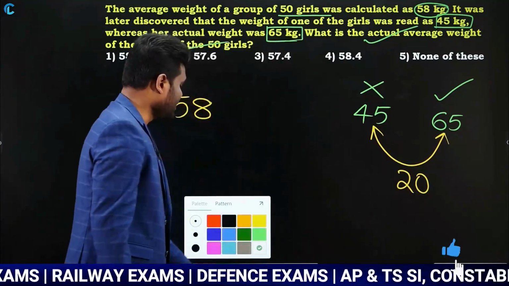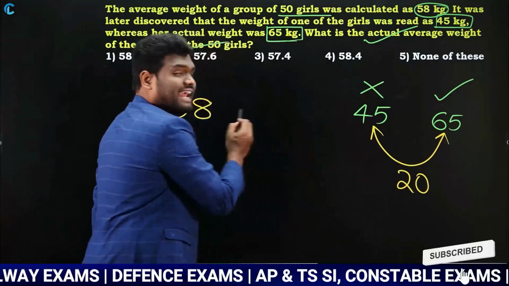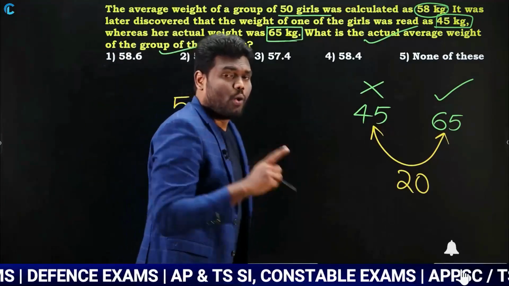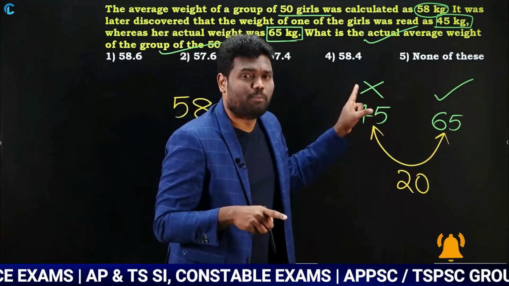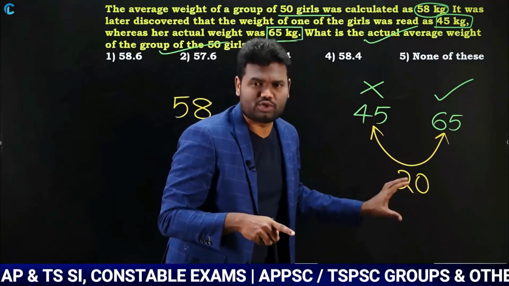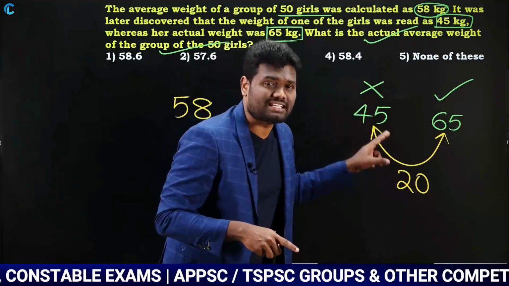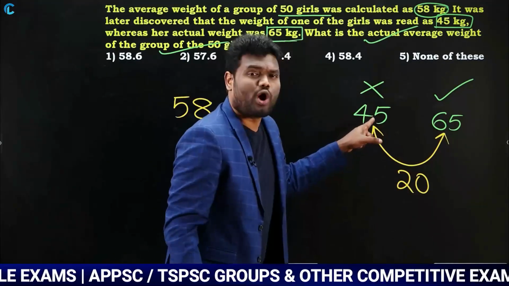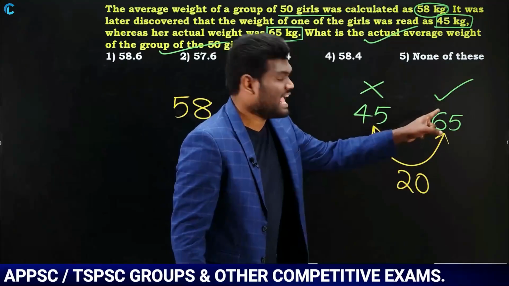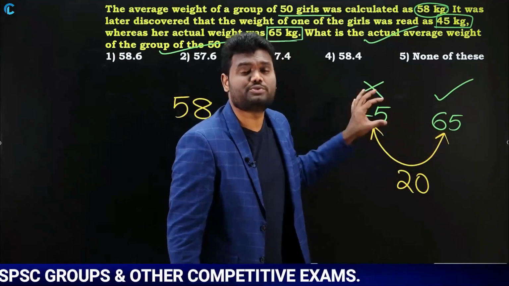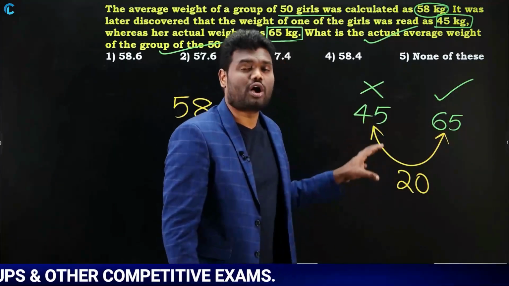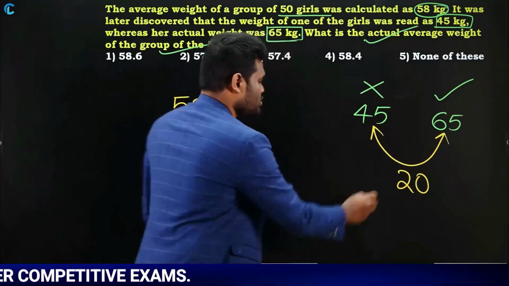As the difference is 20, what you have to do? You need to either add or subtract. What I told is, if the wrong value is more, you need to subtract. If the wrong value is less, you need to add. Now look here, the wrong value is 45 and the correct value is 65, which means the wrong value is less. As the wrong value is less, I need to add it.